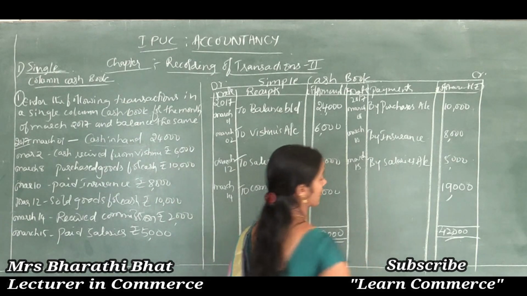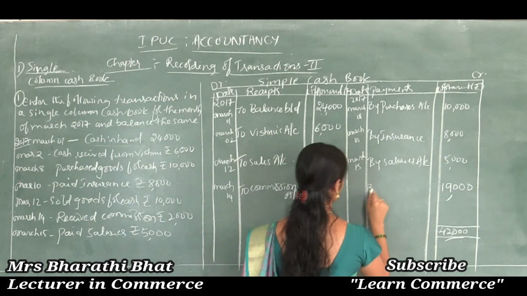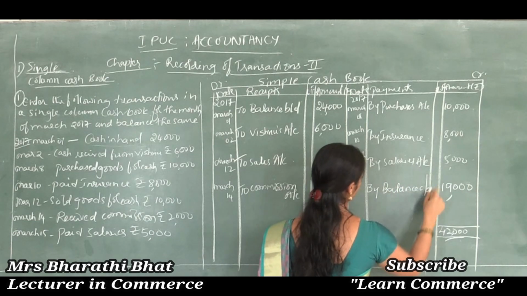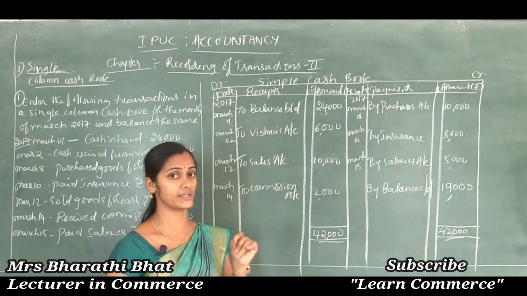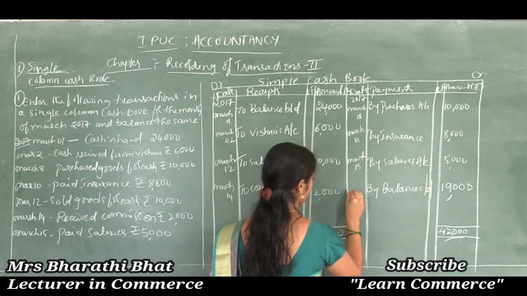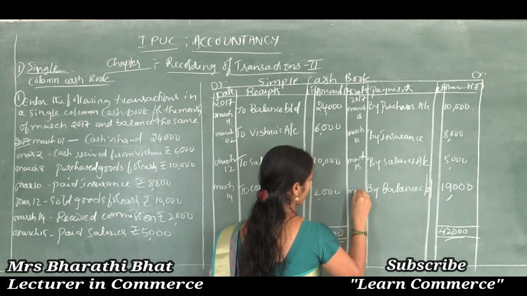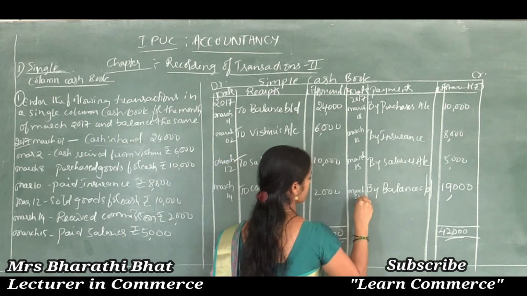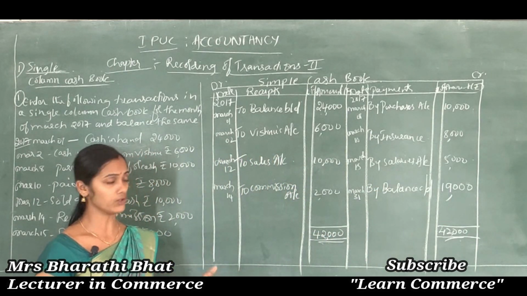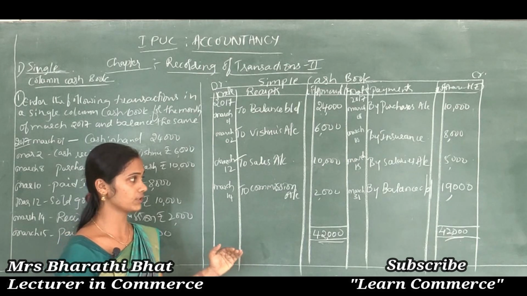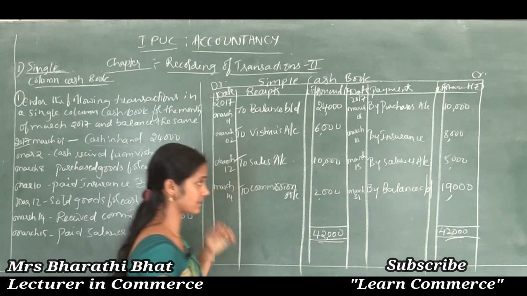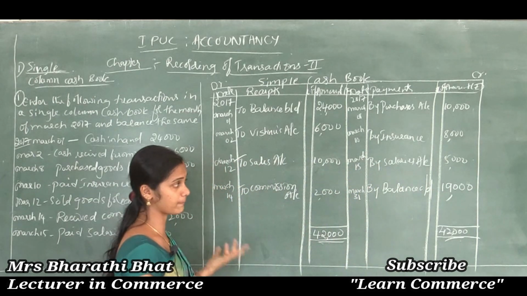So this amount I can write like this: by balance carried down, means C bar D, small letter c bar d. Okay, the date is always at the end of the month, March 31st. Always at the end of the month we need to balance that amount. That balancing amount is recorded as by balance carried down, and that same amount should be brought down here.